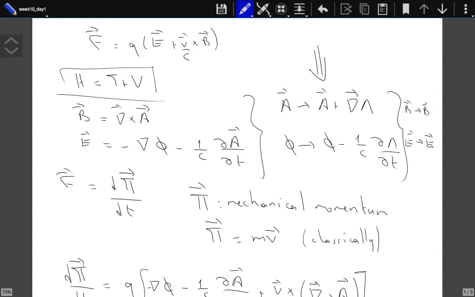What you most of the time do is add additional constraints on your system so that you pick up a unique vector and scalar potential. This is called gauge fixing. There are infinitely many vector and scalar potentials that correspond to the same system. You just pick one that you feel comfortable with. You are free to choose whichever one you want.